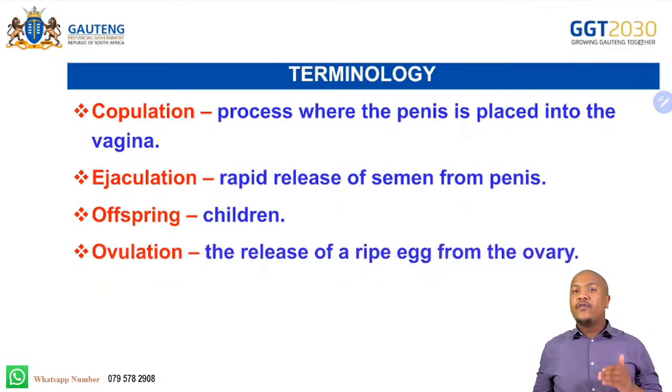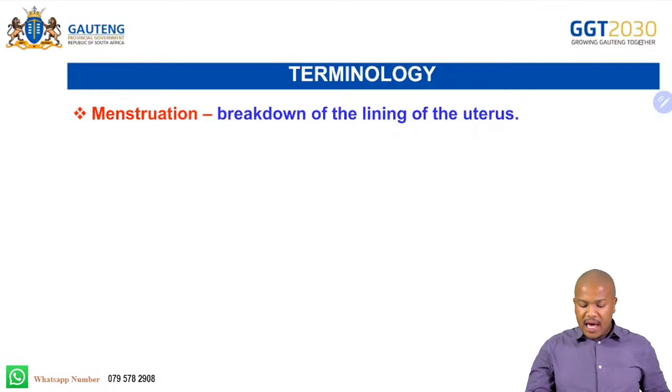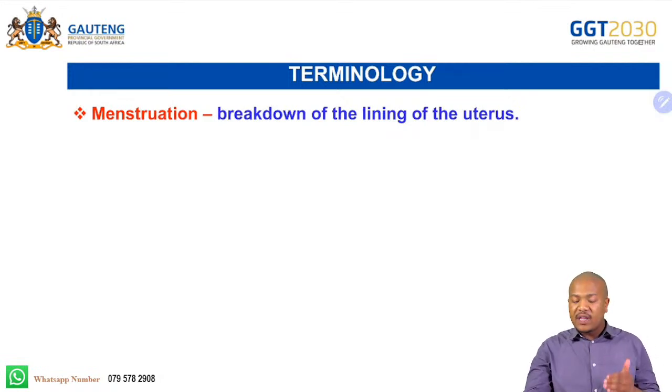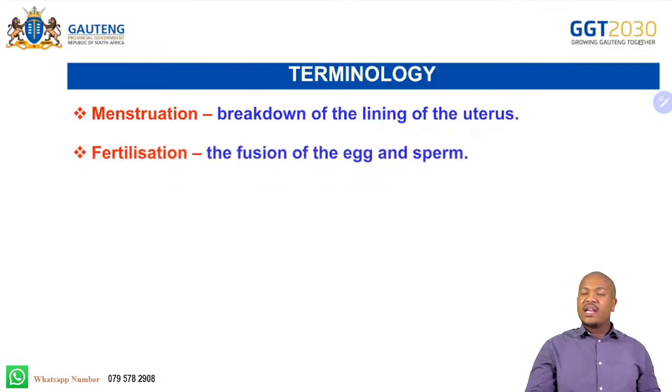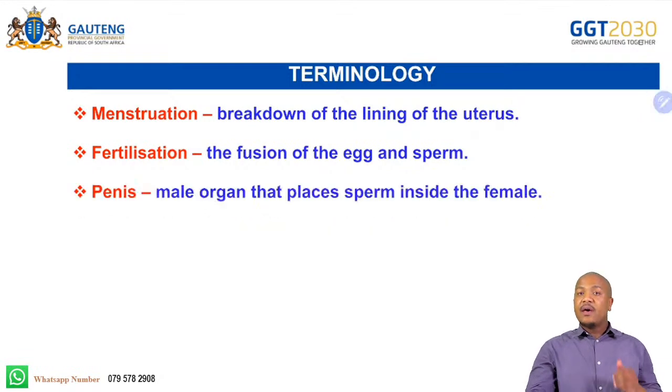Then we have ovulation, which is the release of a ripe egg from the ovaries. Then we have menstruation, which is the breakdown of the lining of the uterus. We then have fertilization, which is the fusion of the egg and the sperm cells. We then have the penis, which is the male organ that places sperm inside the female.